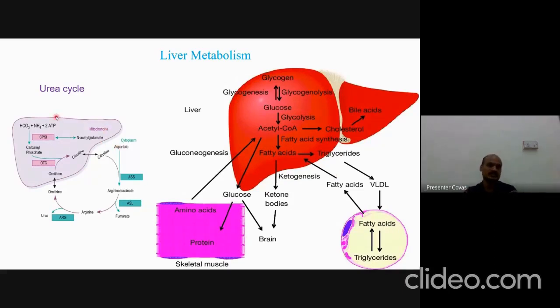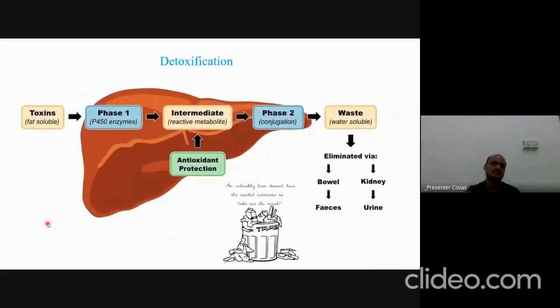Likewise, we have the urea cycle. If you have excess ammonia, which is produced because of the breakdown of protein molecules, it will be converted into urea, which can be easily excreted from the body. Next function is detoxification.